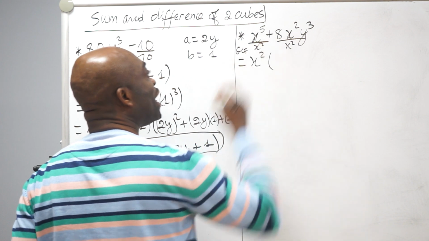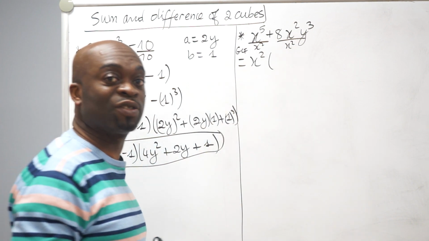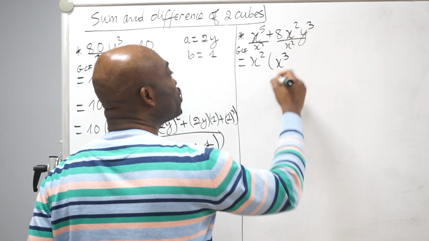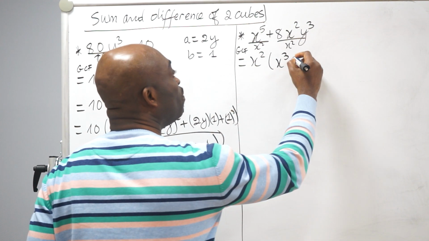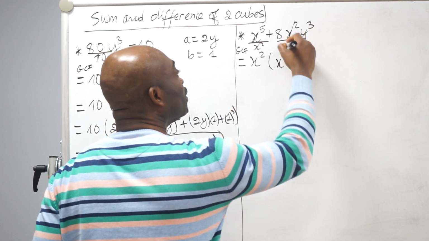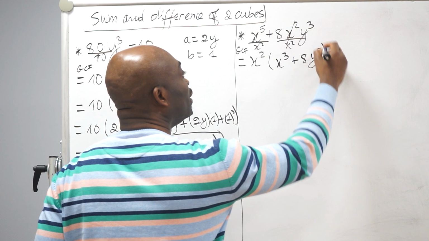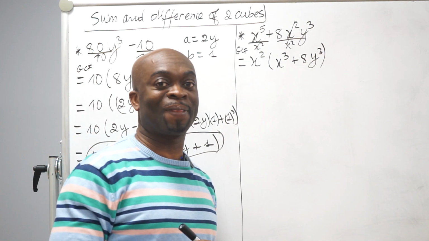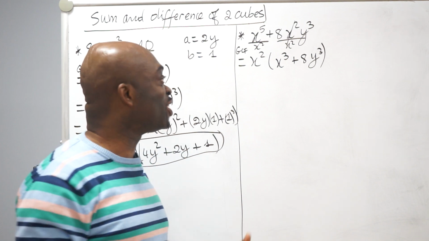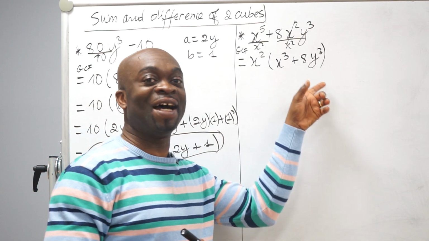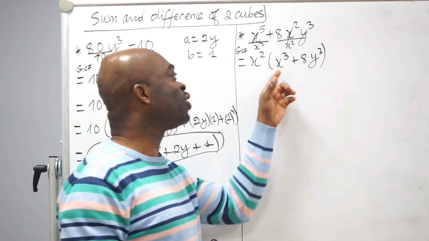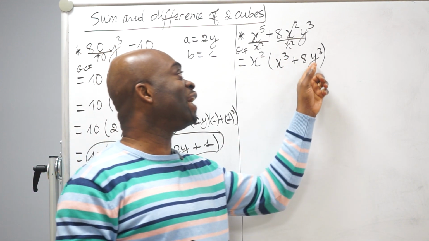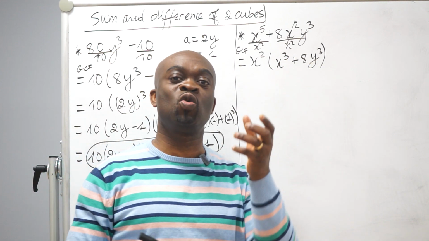X to the fifth divided by x squared gives x to the third, because 5 minus 2 is 3, plus 8. The x squared cancels and you end up with 8y to the third power. Are we good so far? Now, can we break this down? Yes, because the cube root of x to the third power is x, and the cube root of 8y to the third power is 2y.